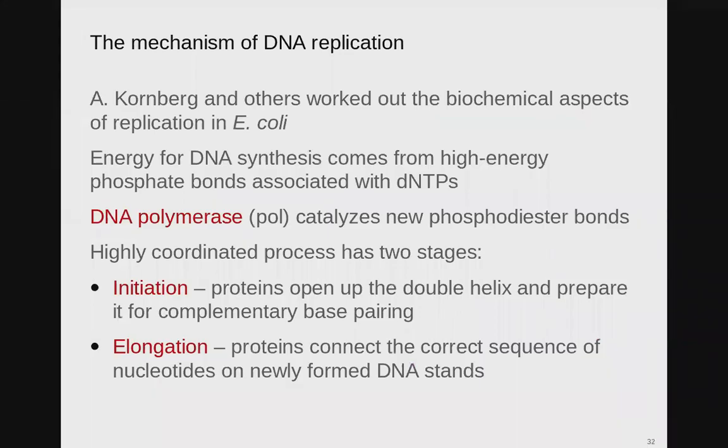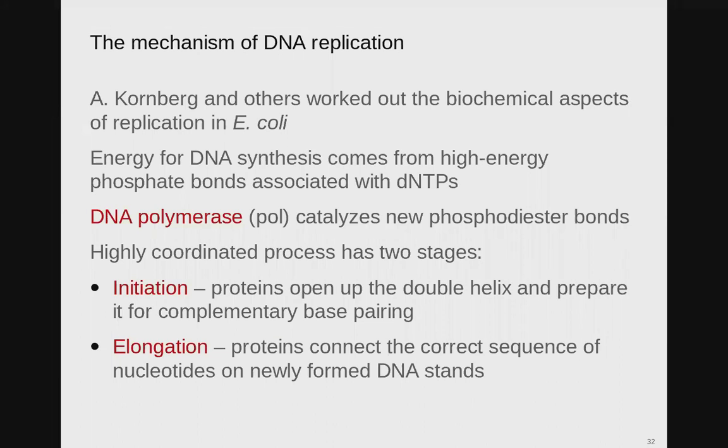So that's not all. Now, Arthur Kornberg and many others, but he gets the credit for it, worked out the biochemical aspects of DNA replication in E. coli. Now, they use energy for DNA synthesis, and you should probably know that the energy in cells comes from ATP, adenosine triphosphate. Right?